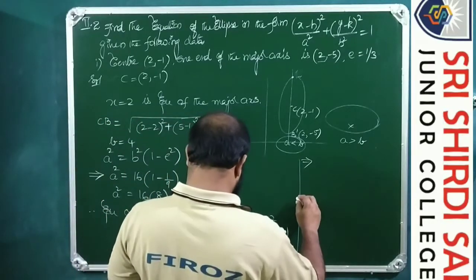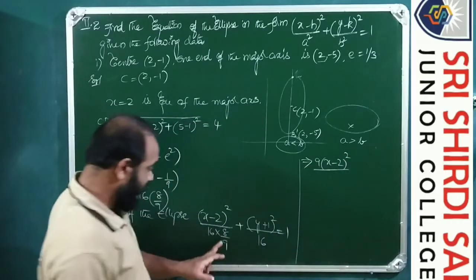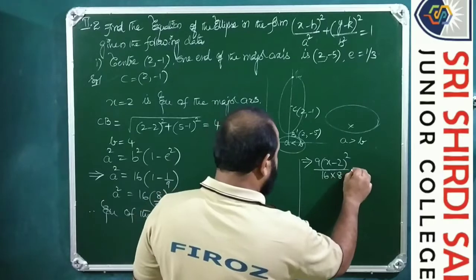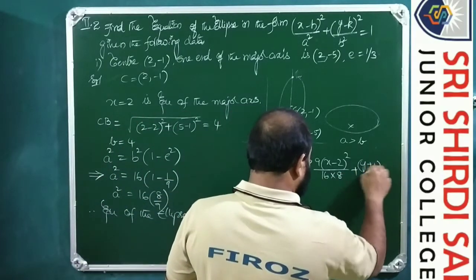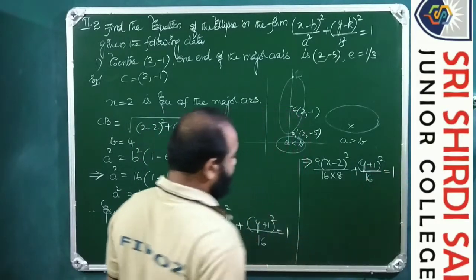This is 9 into (x minus 2) whole square by 16 into 8, plus (y plus 1) whole square by 16, equals 1.